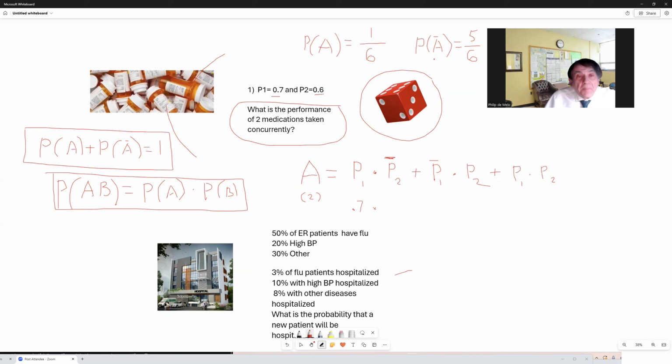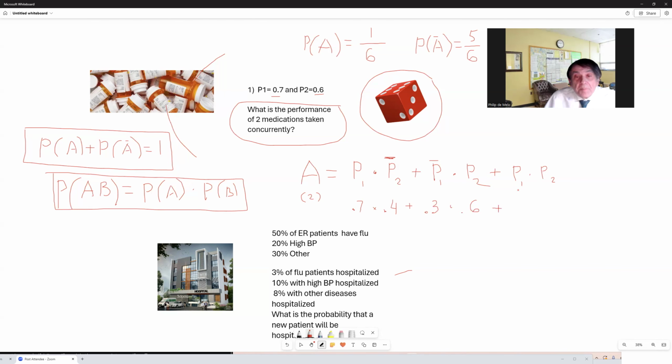So PA bar will be 1 minus 0.6, which is 0.4, plus P1 bar. When medication P1 doesn't work, it will be 0.3, right? Because 1 minus 0.7, we use this formula. 1 minus when it works, we have 0.3 when it doesn't work. Times P2, 0.6.